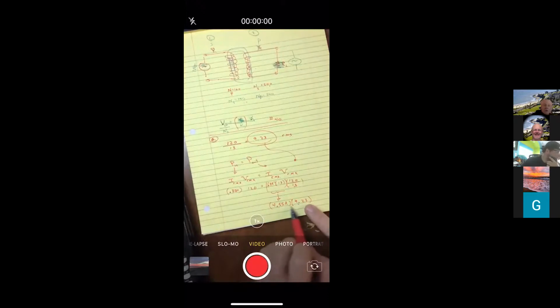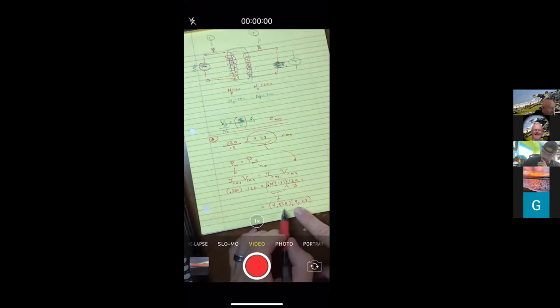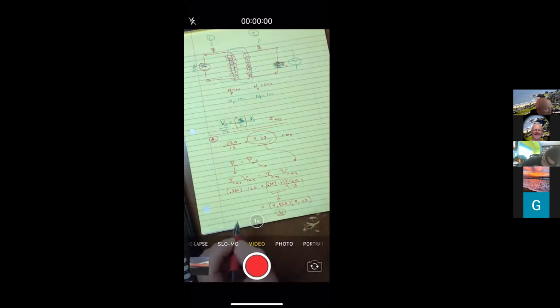And so these two multiplied together is the same power being delivered in the secondary and then charging this battery of this portable player. And it came from the power out of the wall, which I think then is the answer to part C. Oh, and I should say, this is the answer to part B.